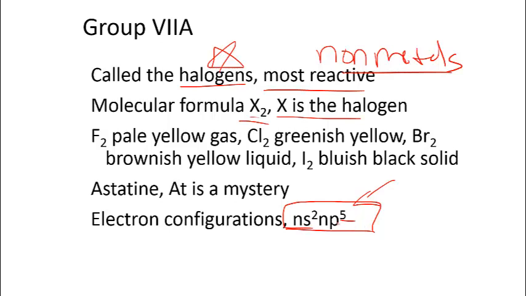Once they fill this outer p subshell, they'll have an electron configuration identical to the noble gas element at the end of their respective period. Now, the halogens tend to form many oxides and generally are very unstable acidic oxides.